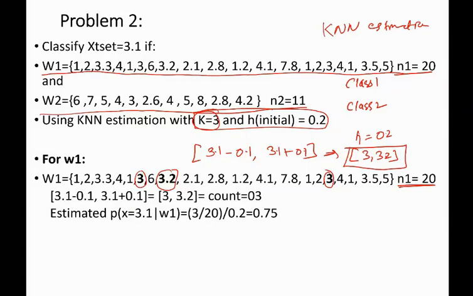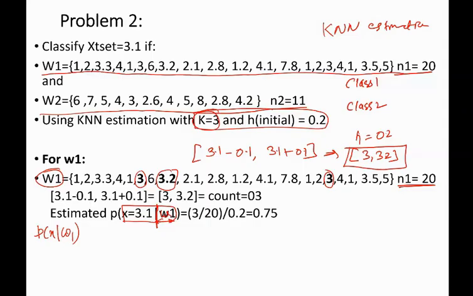The next step is to find the estimation for omega 1. Instead of simple p of x equal to 3.1, I am writing the probability of x equal to 3.1 given omega 1, since I am considering only omega 1 samples here. So I write that as a conditional probability, p of x given omega 1.